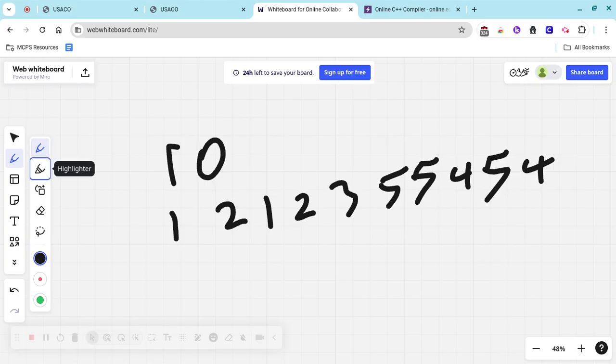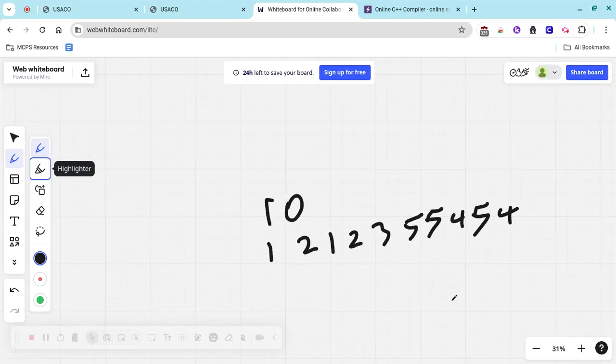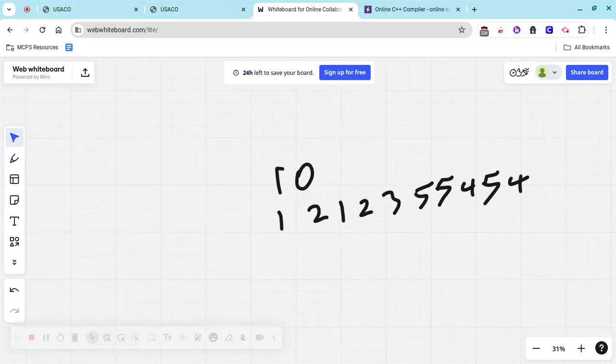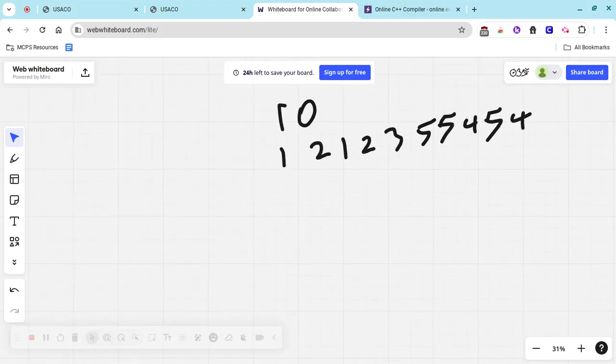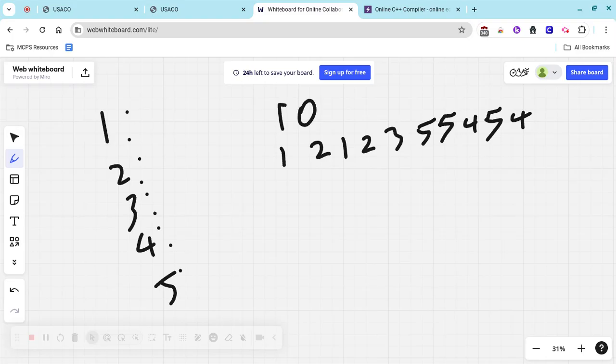Basically, we want to use the same method, counting the number of occurrences. So we count 1s, 2s, 3s, 4s, and 5s. 1 occurs 2 times, 2 occurs 2 times, 3 occurs once, 4 occurs 2 times, and 5 occurs 2 times.